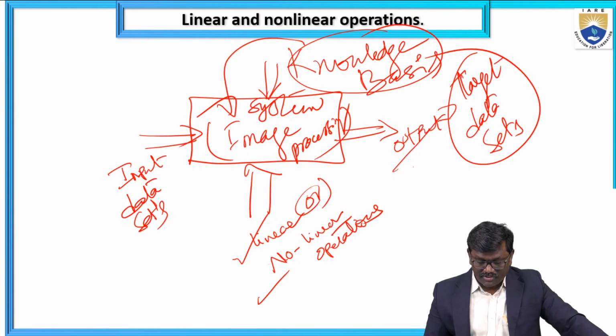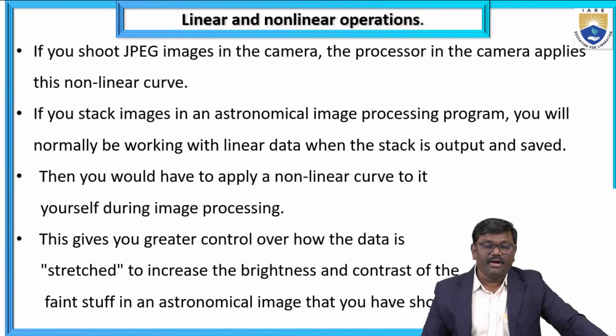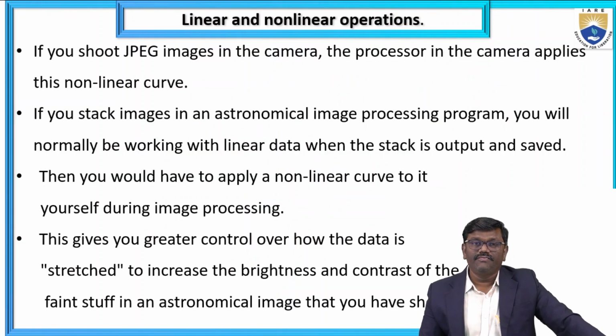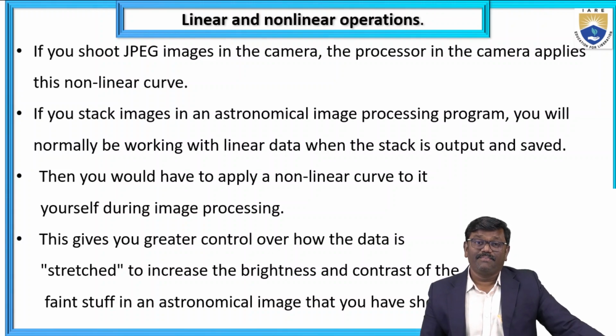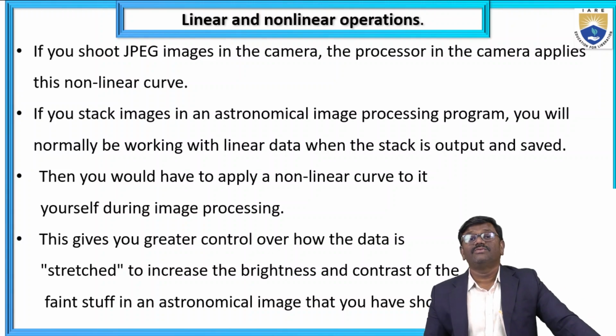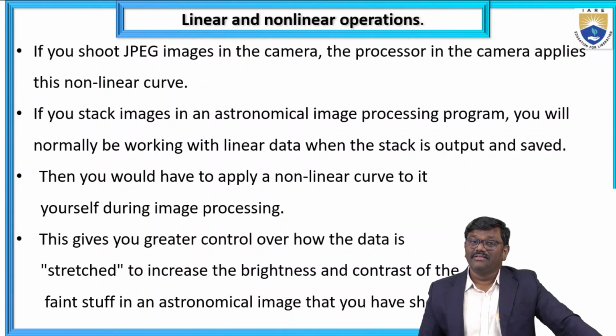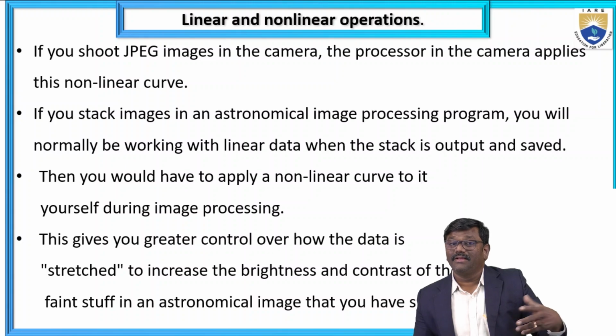Okay. So coming to the point, if you shoot JPEG images with a camera, what do you mean by camera? It's a particular image processing sensor. What do you mean by sensor? It collects certain input data. Once it has collected the data, the processing is applied.